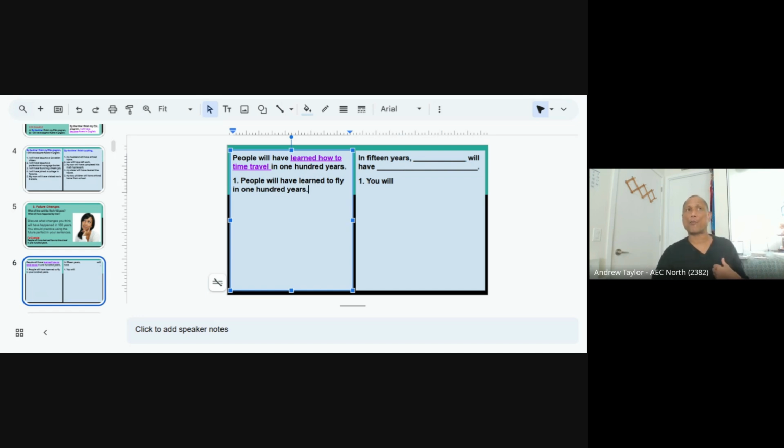Of course, people will have learned to fly with flying equipment. You cannot fly with your hands, right? In 100 years. Everybody, what do you think will have happened in 100 years? Anybody? Any volunteer?